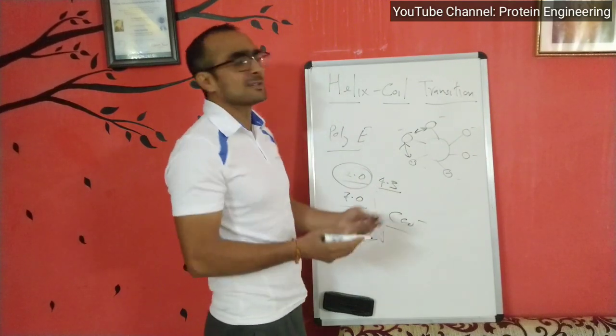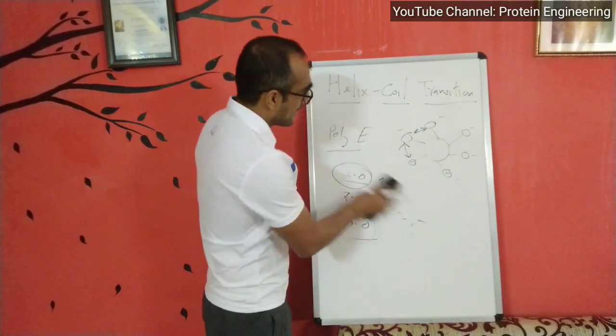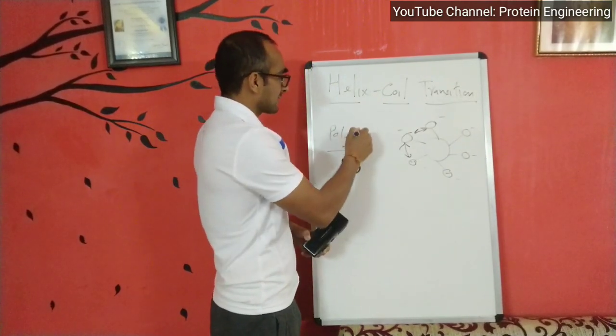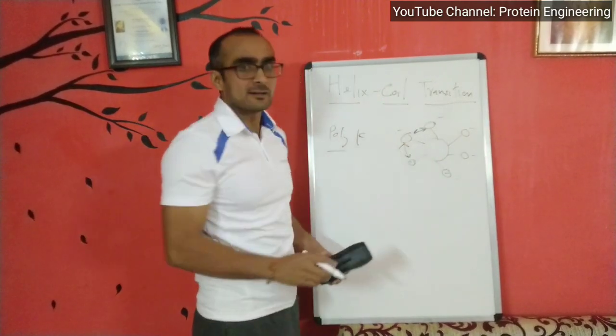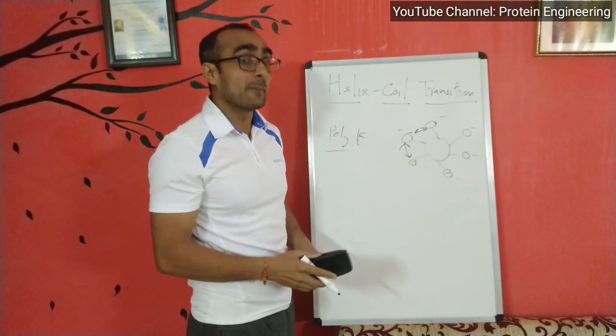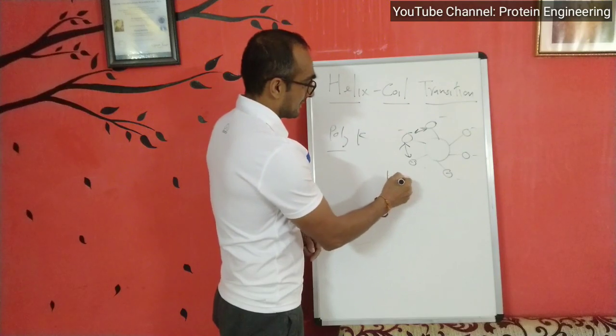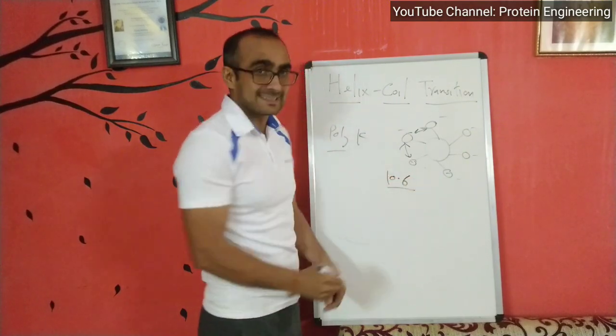Similarly, you can think about a polylysine helix also. The logic will be the same. If you have a polylysine helix, all the side chains are lysine amino groups, and the pK value of lysine is, I think, around 10.6.